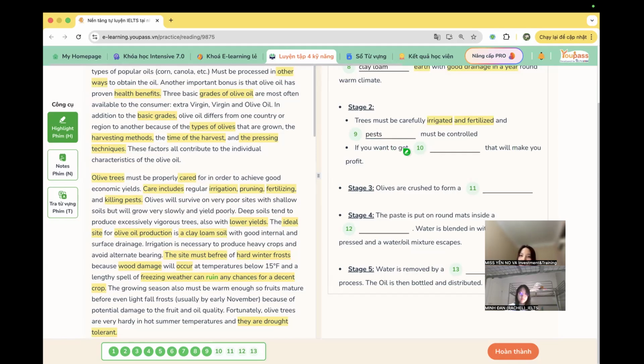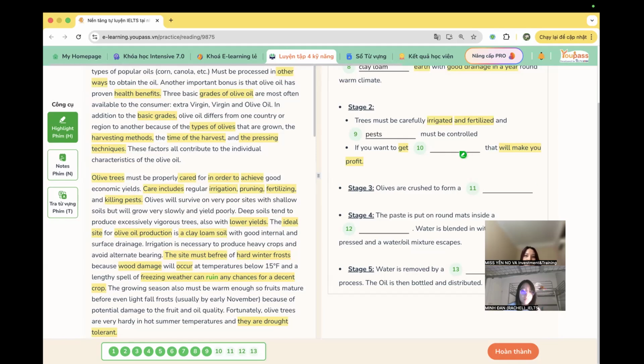If you want to get that will make you profit. So it's about business, right? And you have to go back to the beginning of this paragraph. I think it's just right there. Olive trees must be properly cared for in order to achieve good income, economic yields.